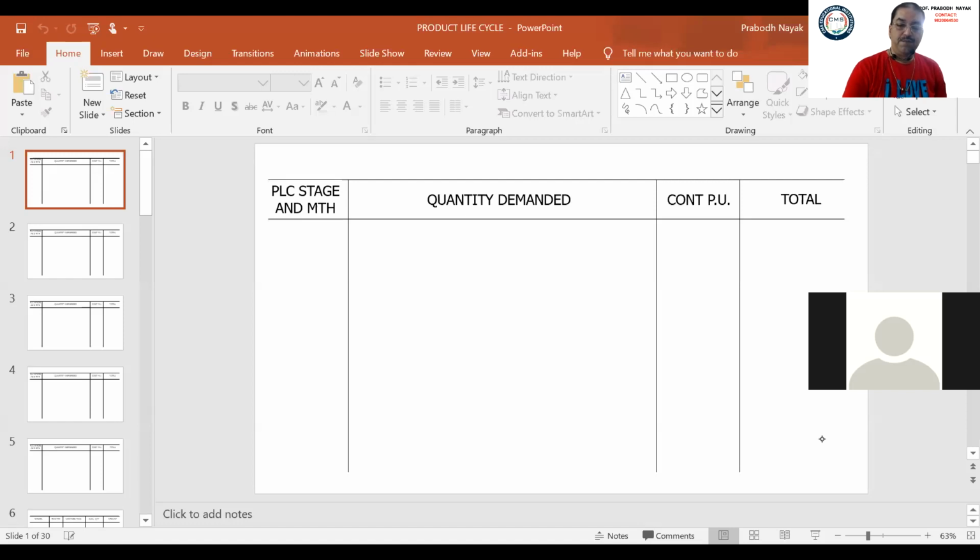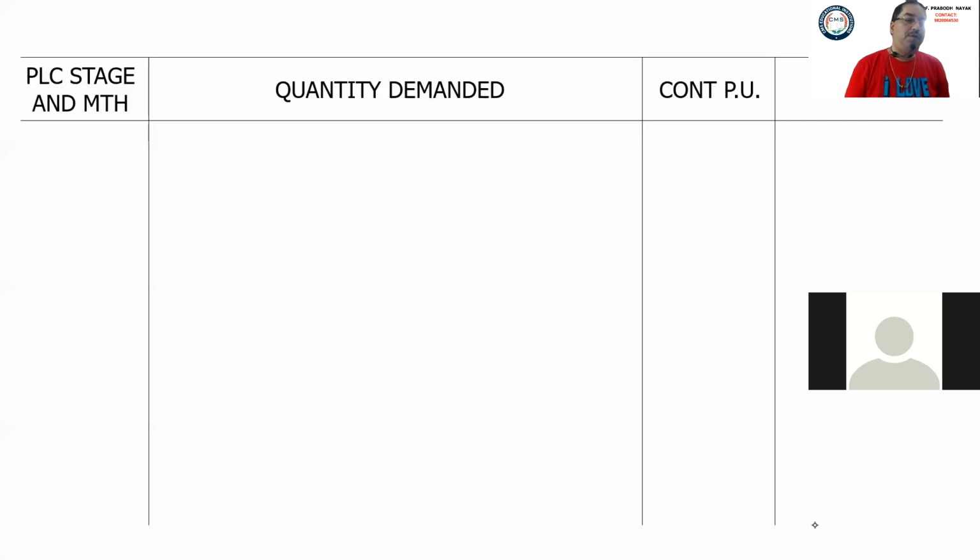What you will do is, you will prepare a statement like this. PLC stage and month, quantity demanded, contribution per unit, and total cost. And you will do this statement format for 2 pages. 2 pages means 2 sides because it's going to be lengthy. I told you I'm going to do only one question now. Only one question I'm going to do.